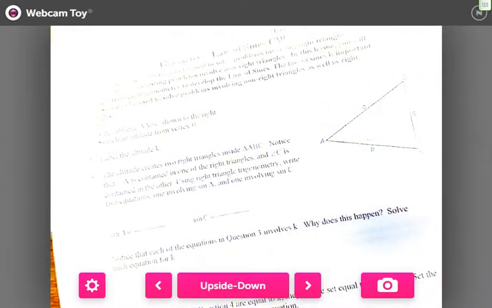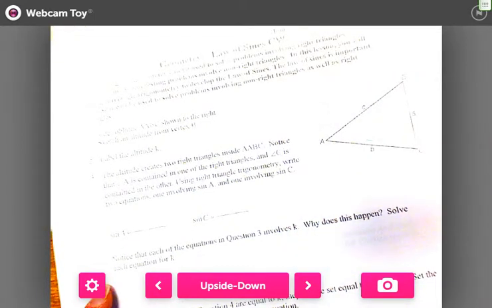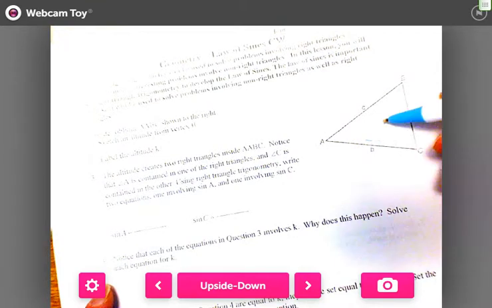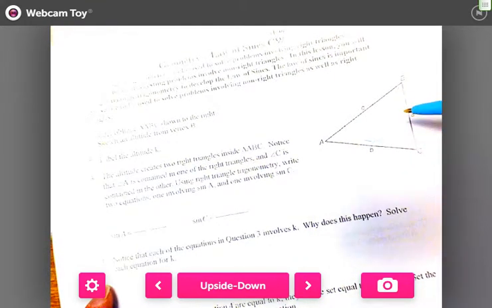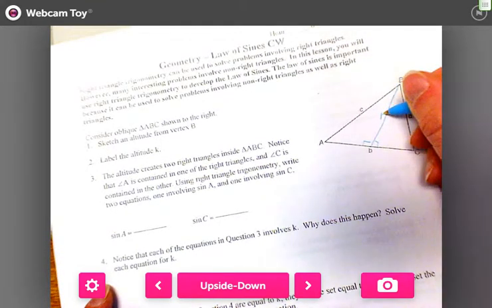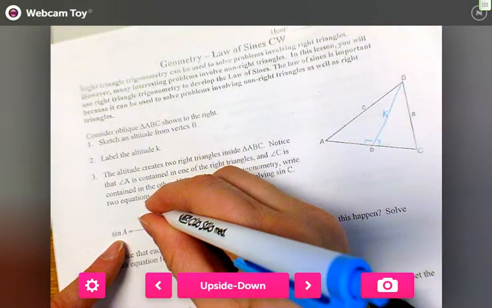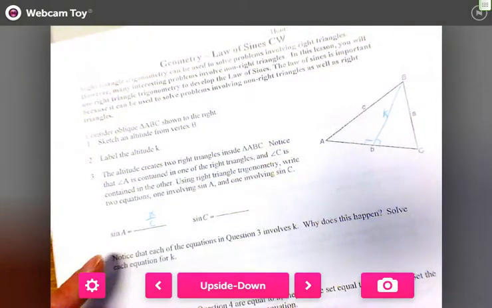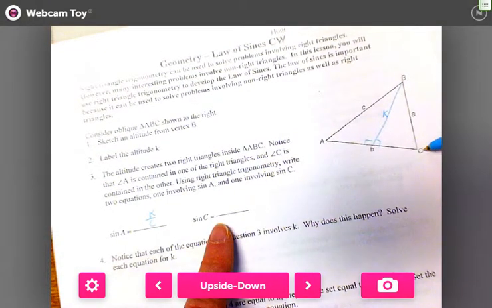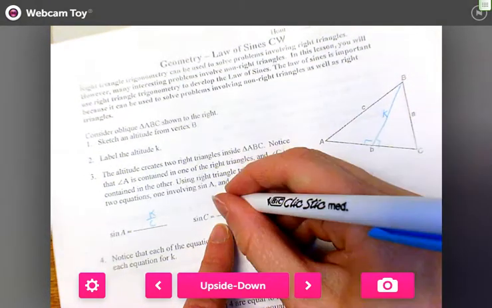So we're going to say this altitude right here, which we're labeling K. So we're going to say sine of A is K over c. And then sine of C is K over a.